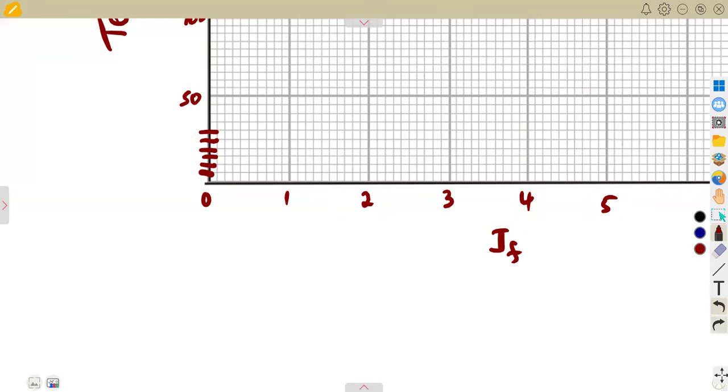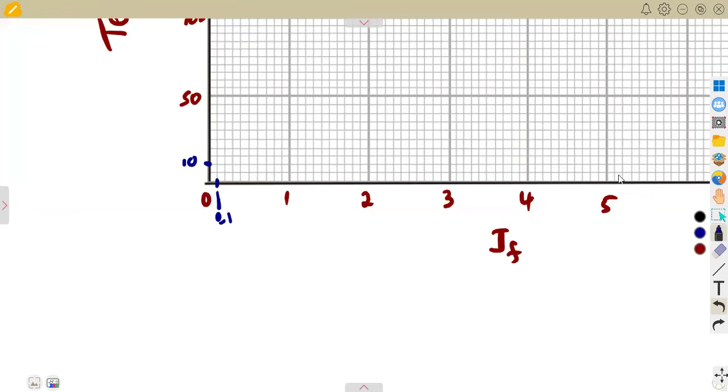So one box is 5. 2 boxes is 10. So when you see 2 boxes like this, that's a 10. On this one, this small box represents 0.1. Analyze your scale, because you are going to use it to mark these points. So analyze your scale first.